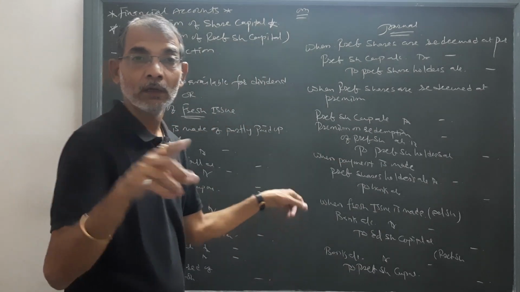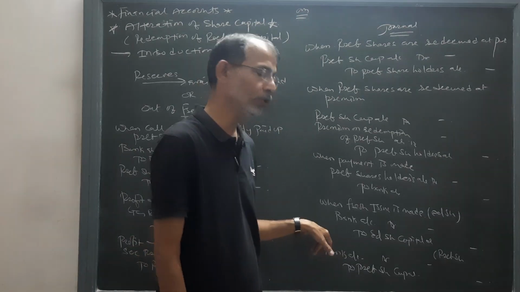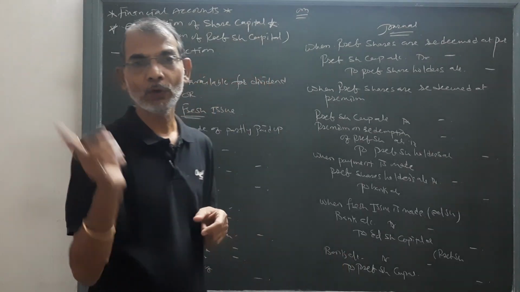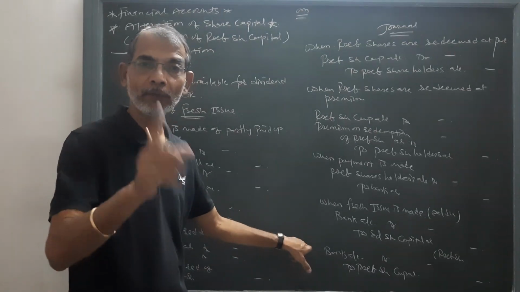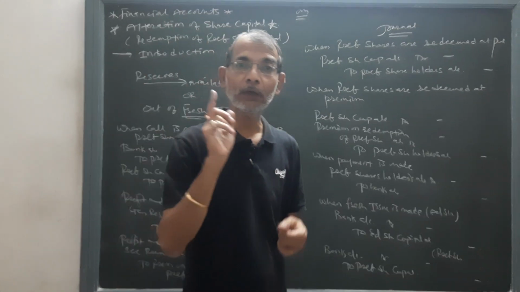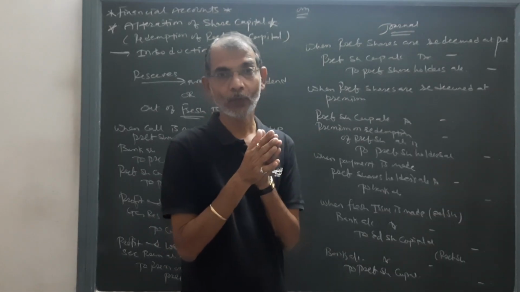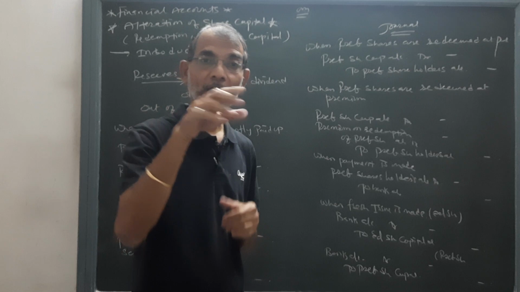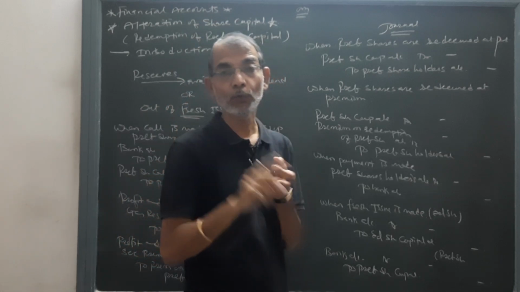Then the entry for the new issue of equity shares: bank account debit to equity share capital account. If the new issue is of preference shares, then the entry will be bank account debit to preference share capital account. But before this, there was a condition: preference shares must always be fully paid up to redeem.